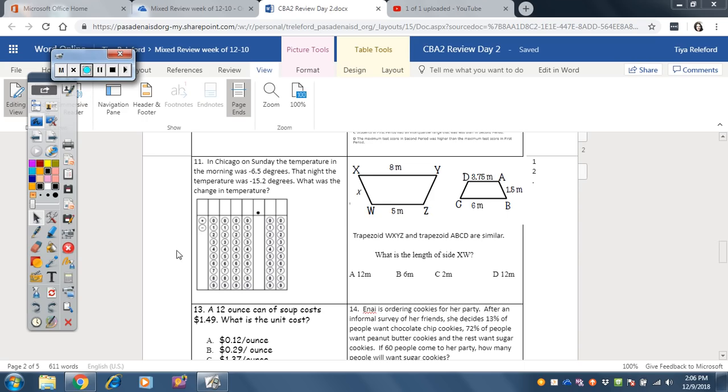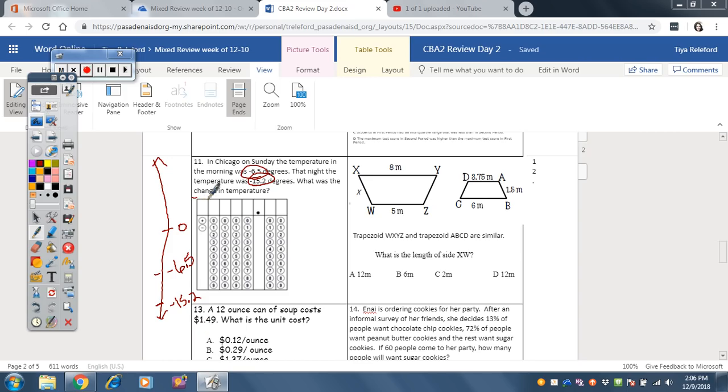Number 11 talks about temperature, so you should have a number line. In Chicago on Sunday, the temperature in the morning was -6.5. That night, the temperature was negative 15.2. So we're still down here with the negatives.